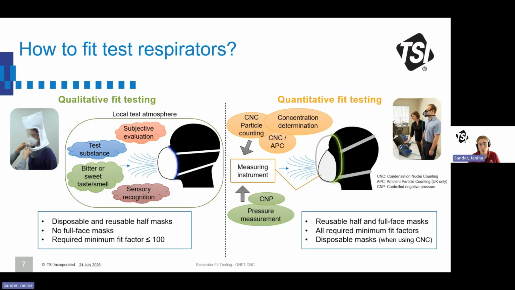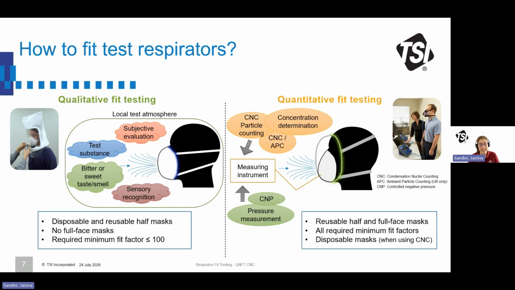The second quantitative technology is the CNP method, the controlled negative pressure method, which is presented in the next webinar series session. So today I will focus on what you see here in yellow, the CNC technology part. In general, quantitative fit testing is suitable for reusable half and full face masks, so you can cover all required minimum fit factors.